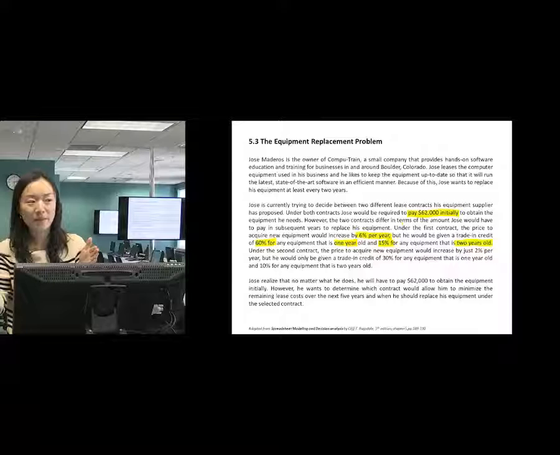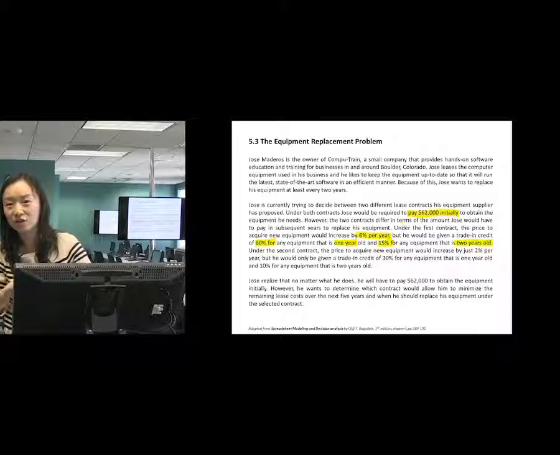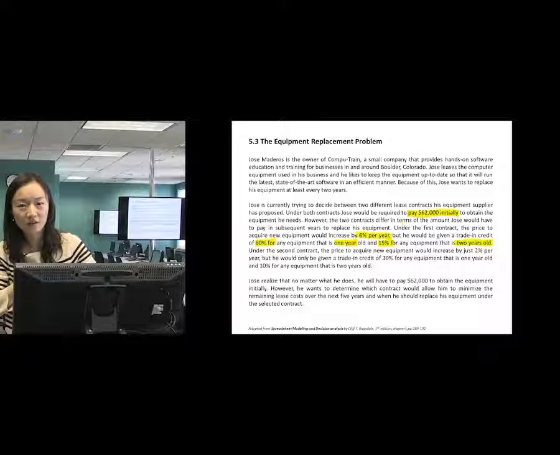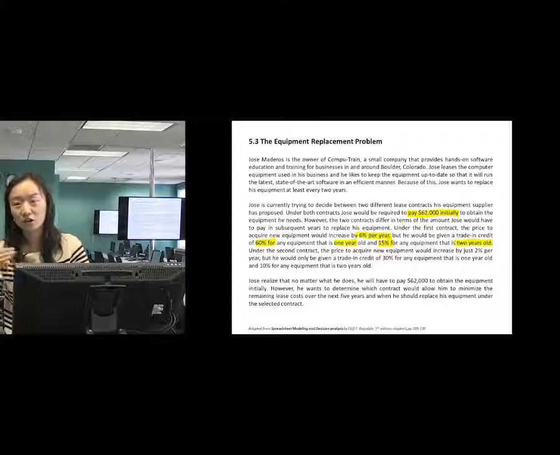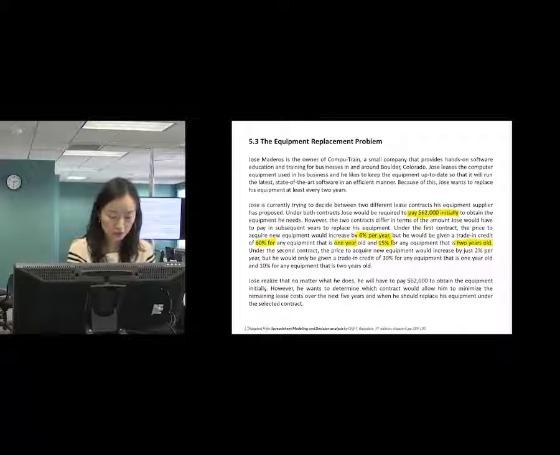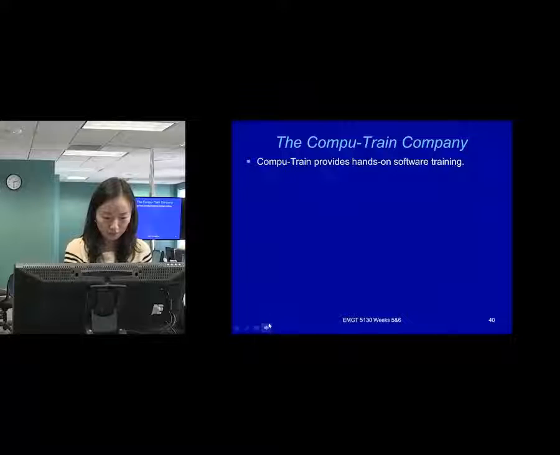So what does that mean? What's his first decision? Before he can decide which contract to use, he needs to figure out what's the best way to go under each contract. Okay, so let's go to some general information.